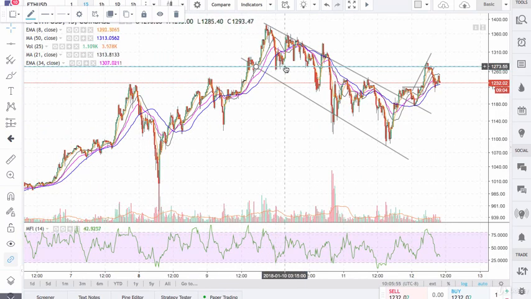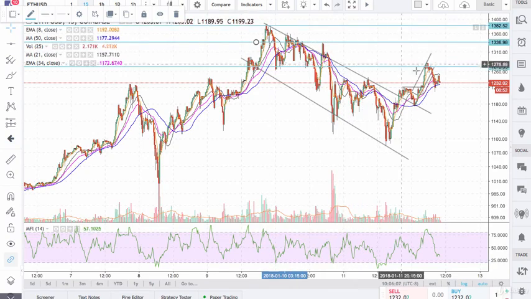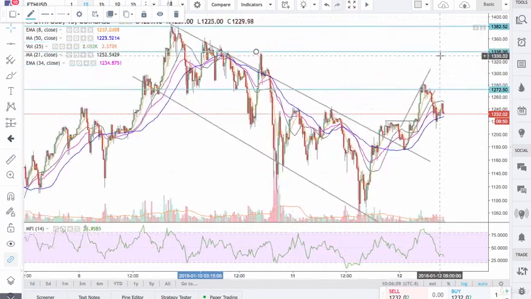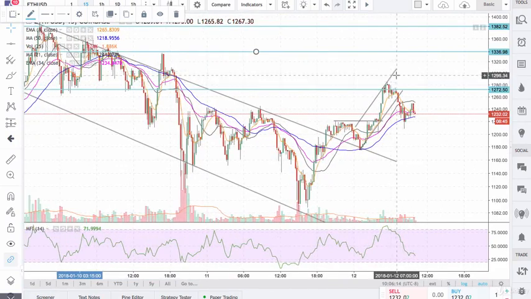Yeah, so this would have been a place, and this would have been another place. I'm looking at the high right here, and this would have been another place. So if price had continued higher, which it might, we don't know quite yet, those were the next targets.